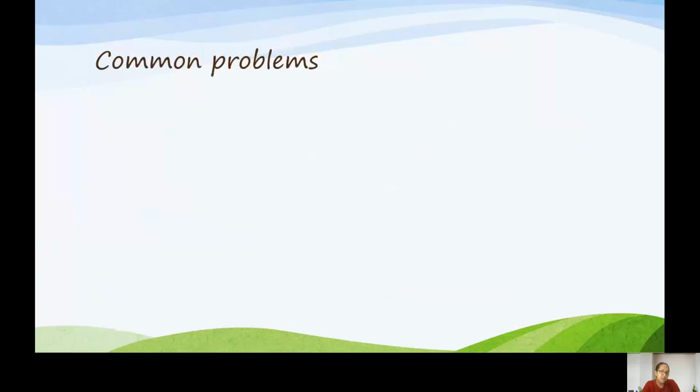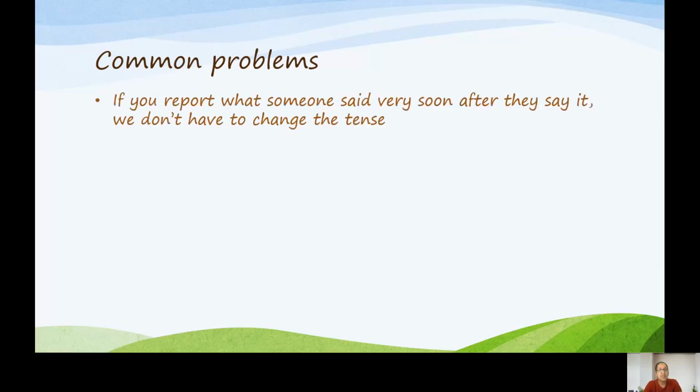There are a few common problems that people have with reported speech. So one issue that people have is that if you report what someone said very soon after they've said it, you actually don't need to change the tense.